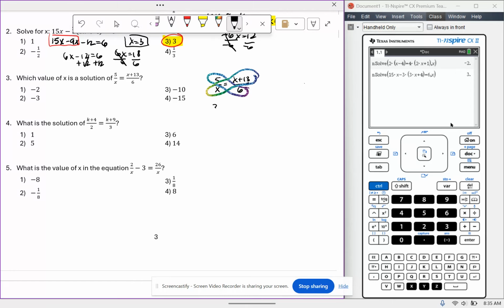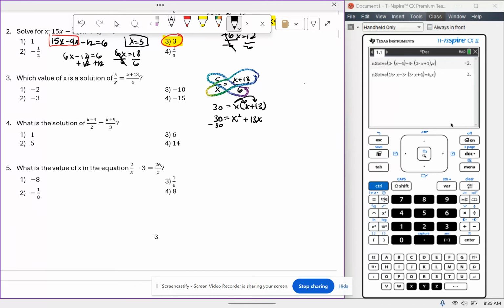So I would get 30, because 5 times 6 is 30, equals x times x plus 13. Now I'm going to distribute the x, and I get 30 equals x squared plus 13x. This guy is not linear. I wanted to throw one example in here so you could see that it's not linear.